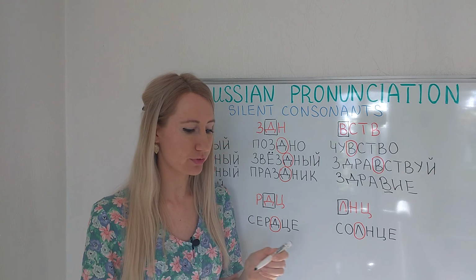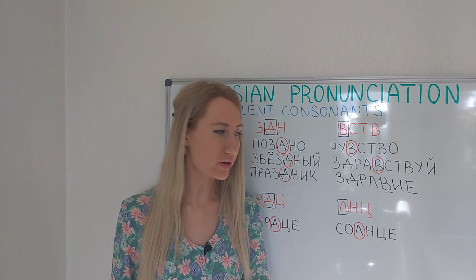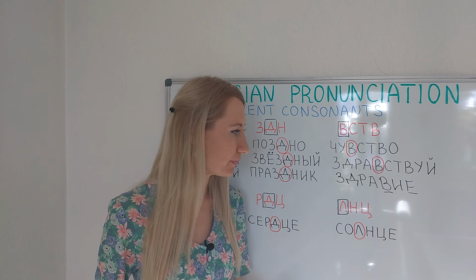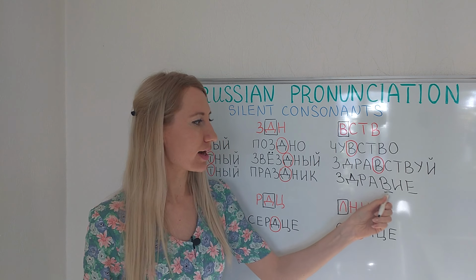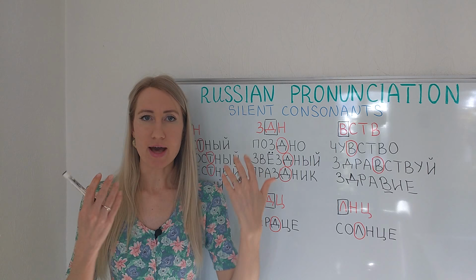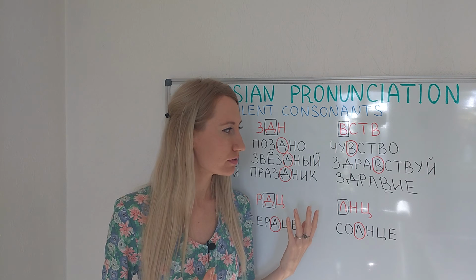Здравие. Here we pronounce this V. Здравие is a bit of an old word, and a modern word would be здоровье. But in old Russian it sounded like здравие. So здравствуй is like "be healthy." In fact, literally, we wish a person to be healthy.